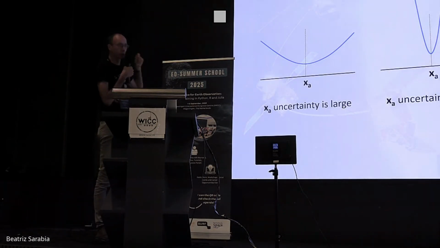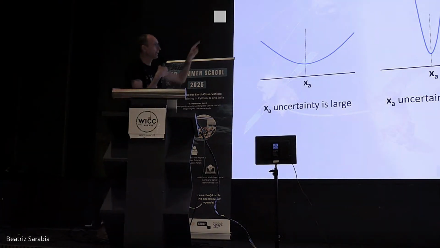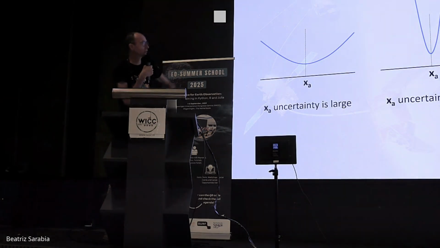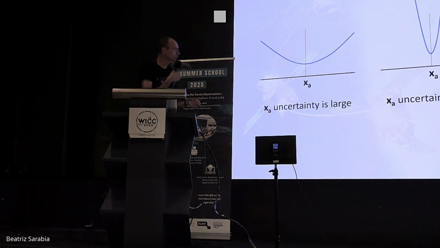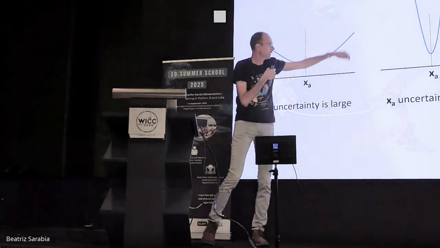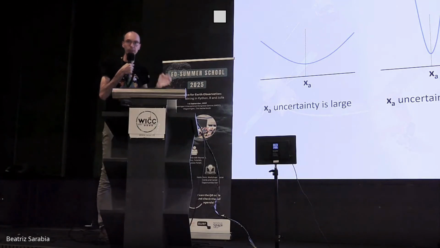The solution that we're after is called XA. The A is for analysis or for a posteriori. And that X is basically the parameter set that minimizes the cost function J. Depending on how that cost function looks, we could have a very broad minimum or a very narrow minimum. And that tells you how well this parameter is constrained by the data.